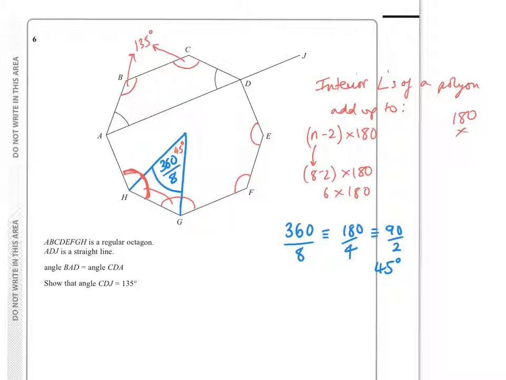And 180 times 6, that's 1080, but we've got 8 of those angles, haven't we, because there's 8 vertices, so we can do 1080 divided by 8 is 540 over 4, which is 270 over 2, which gives us 135.